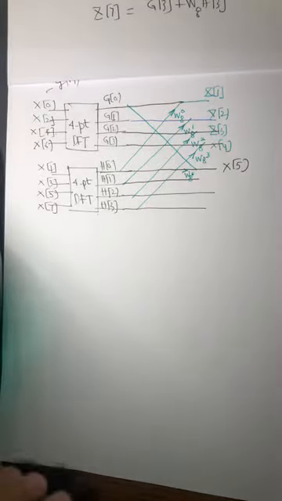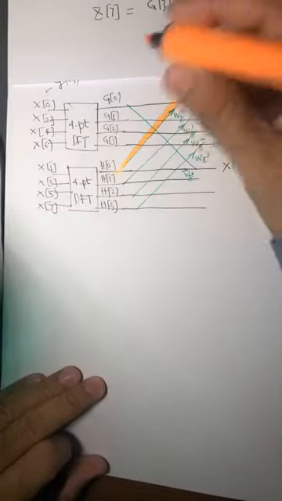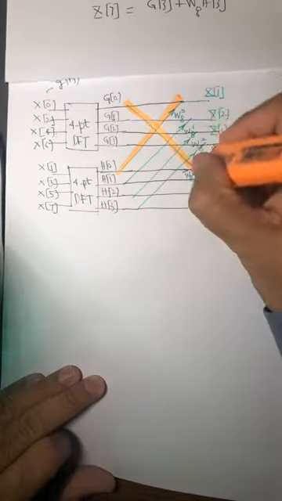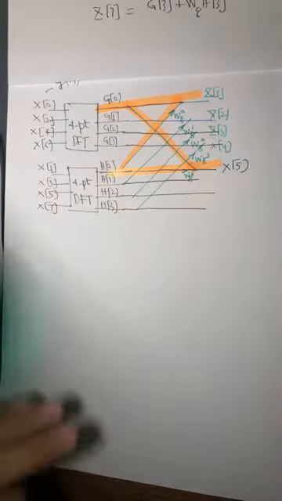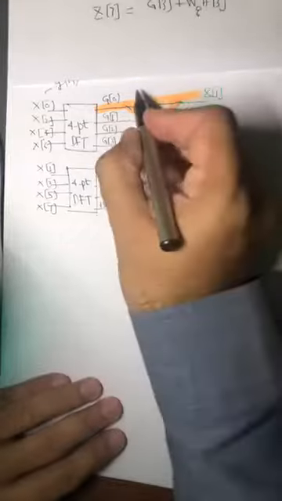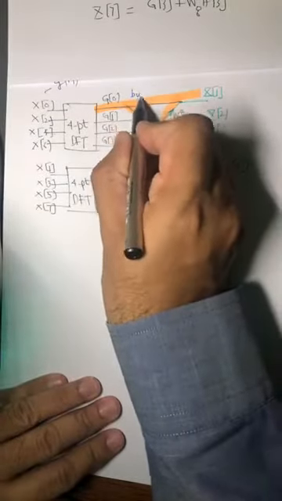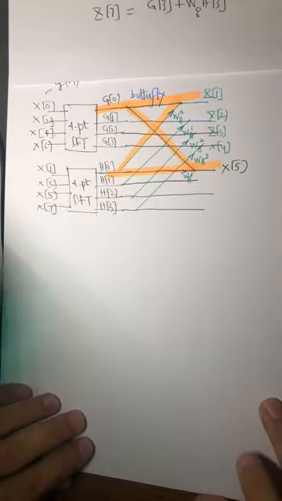And this structure in signal processing is called a butterfly. This is a very famous structure in signal processing. It looks like a butterfly. I fly like a butterfly. So this is a butterfly.